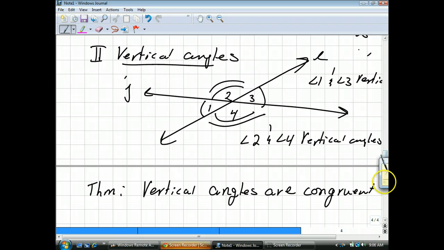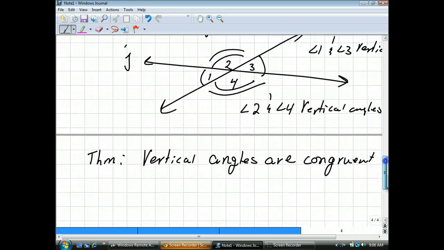Okay, so by the theorem, I can say angle 1 is congruent to angle 3 because they are vertical angles. And I can say that angle 2 is congruent to angle 4 because by the theorem, vertical angles are congruent.